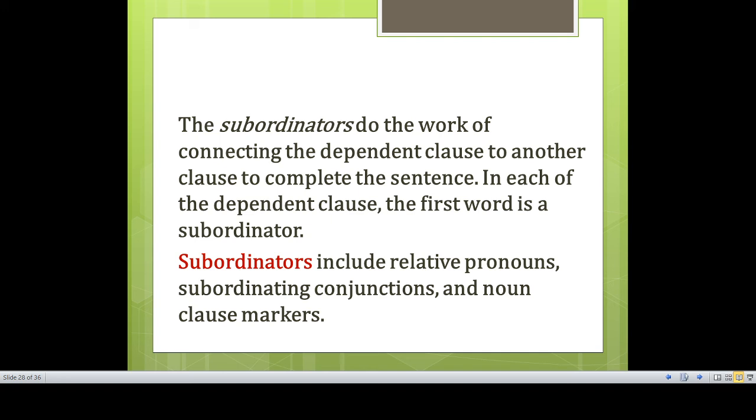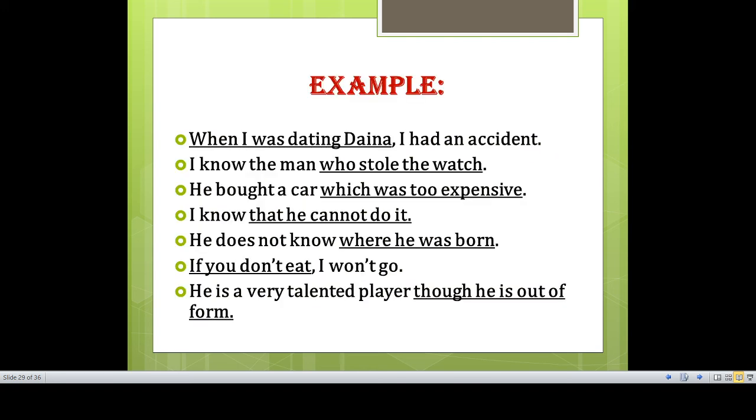In each dependent clause, the first word is a subordinator. Sometimes subordinators may be relative pronouns, sometimes subordinating conjunctions, sometimes noun clause markers. You can see in the examples, and it is more understandable.